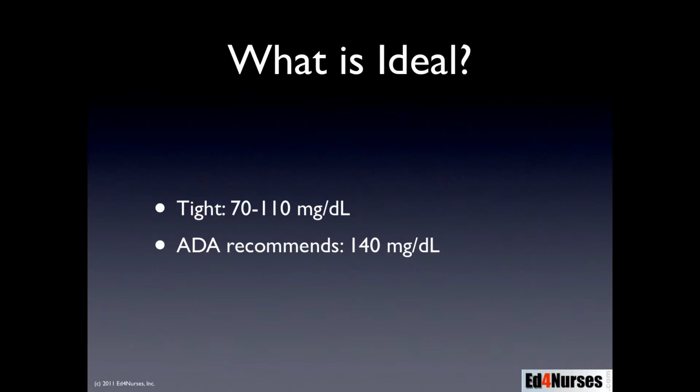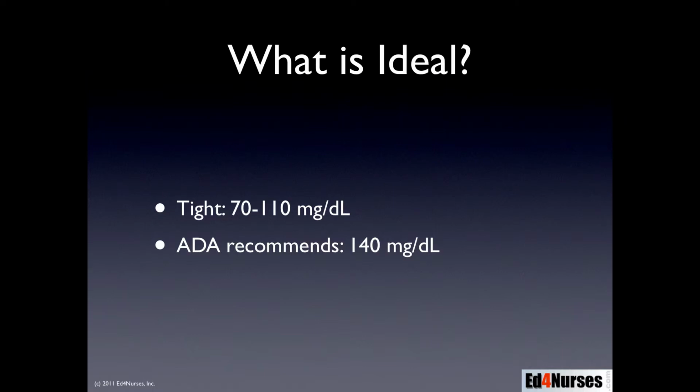Now, the American Diabetes Association is recommending, rather than going for this tight control, which could lead to overtreatment and hypoglycemia, a target blood glucose of 140. That target is going to put us more in the range of having decent blood glucose without overshooting the mark and getting into hypoglycemia.